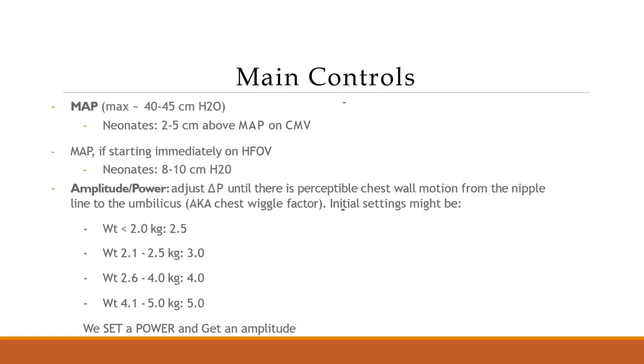This is not much different than when you set a tidal volume. You did some math. You probably chose 8 mLs per kilo, ideal body weight, but sometimes it's just not enough. You still cannot see that chest rise, and it's all about the chest rise. You have to be able to see that good chest wiggle from the nipple line to the umbilicus. Okay, you want to be able to see that wiggle.